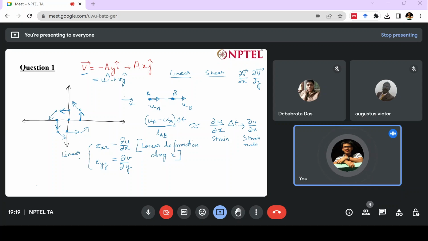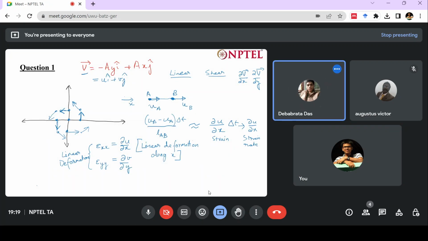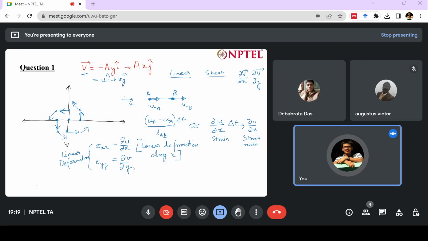So can you calculate this for this particular velocity field? It is coming out to be zero, right?